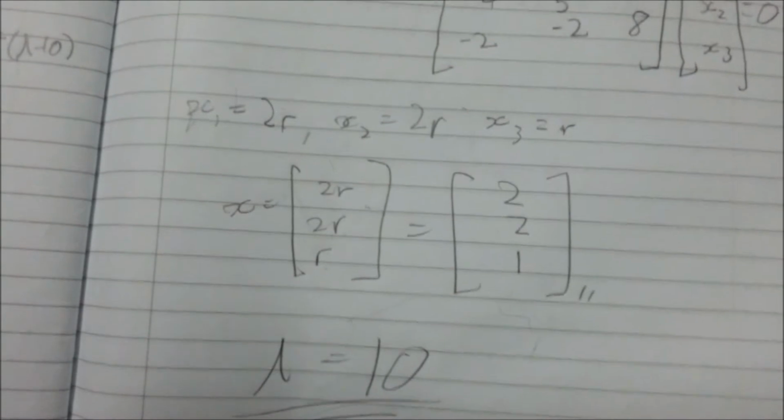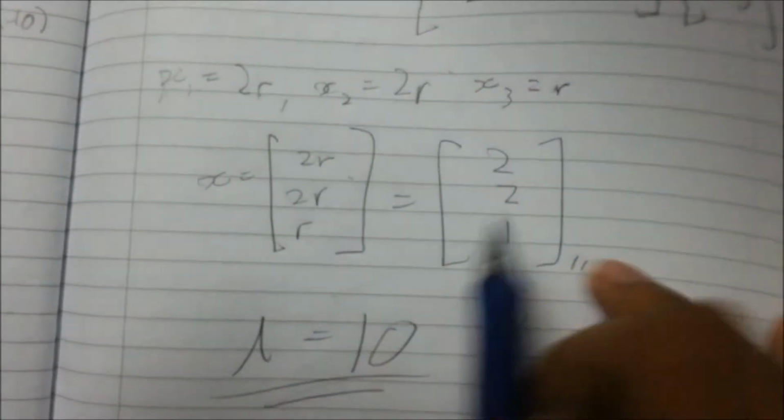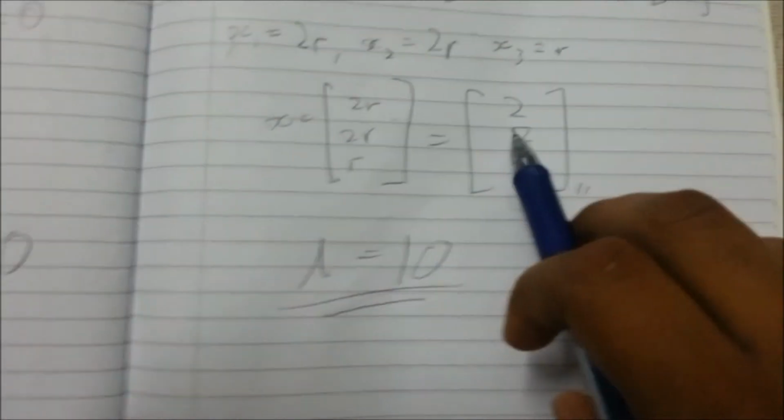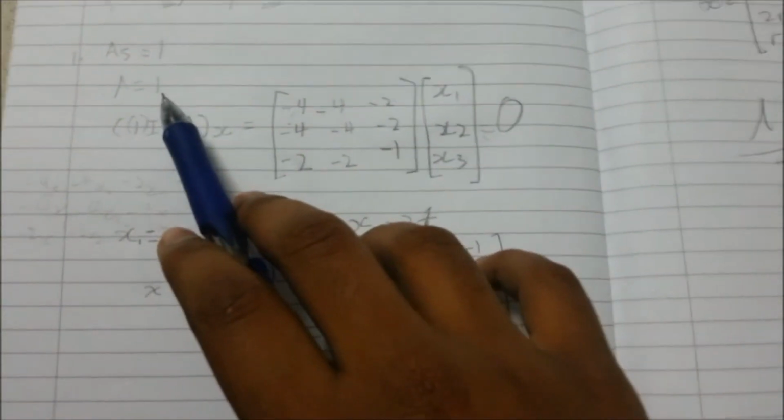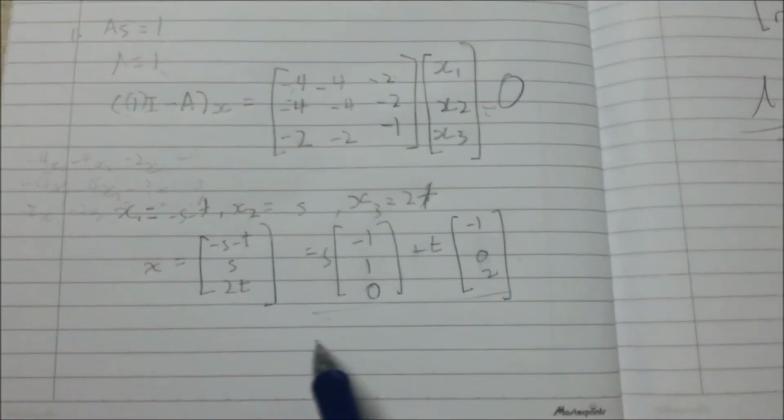So for lambda equals 10, the eigenvector is such, and for lambda equals 1, the eigenvector is as such.